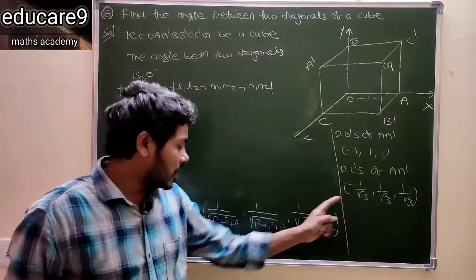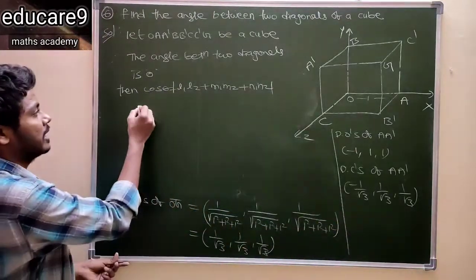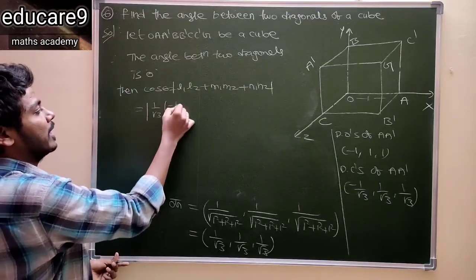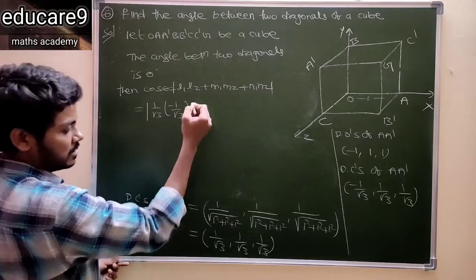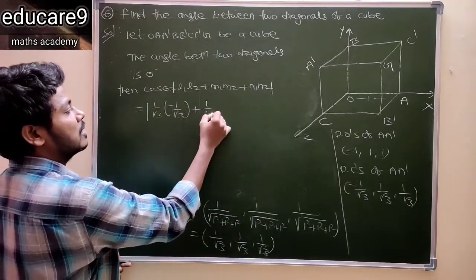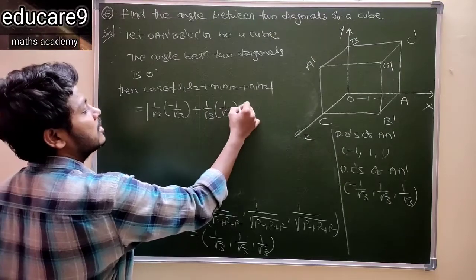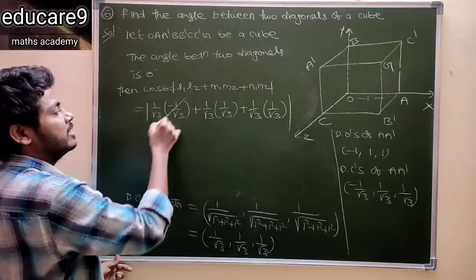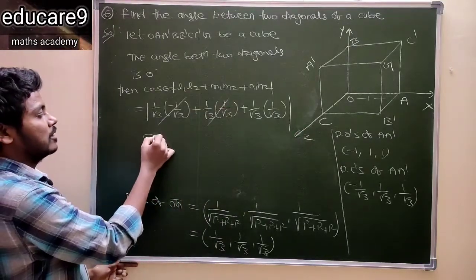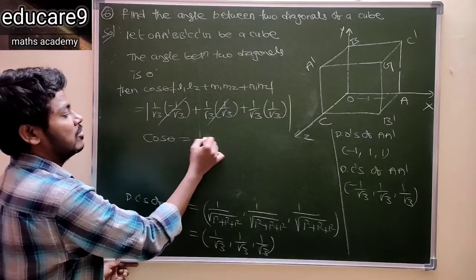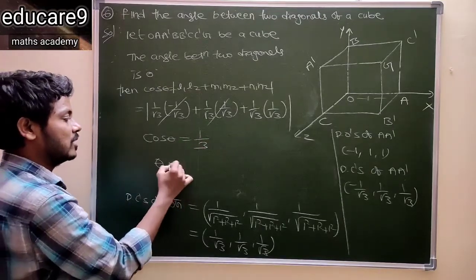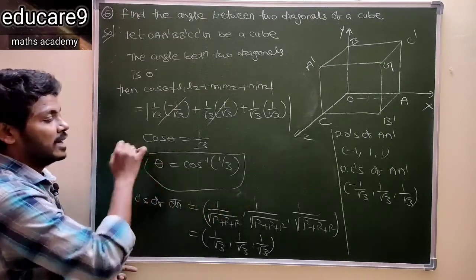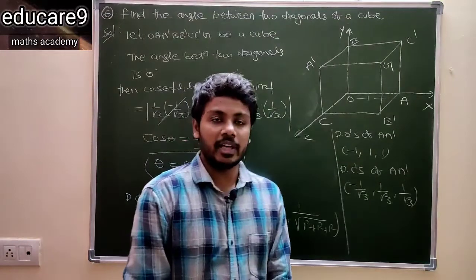So here, 1 by root 3 into minus 1 by root 3 plus 1 by root 3 into 1 by root 3, next plus 1 by root 3 into 1 by root 3. So clearly these two get cancelled. Cos theta is equal to how much? 1 by 3. So theta is equal to cos inverse of 1 by 3. So this is the angle between two diagonals of a cube.